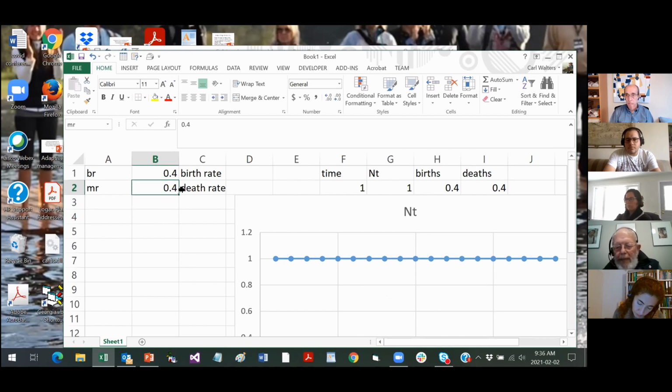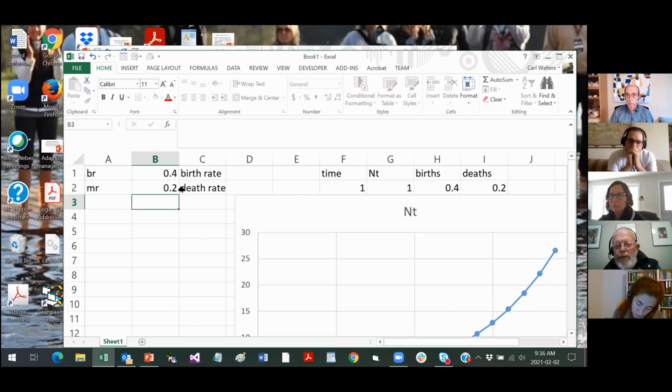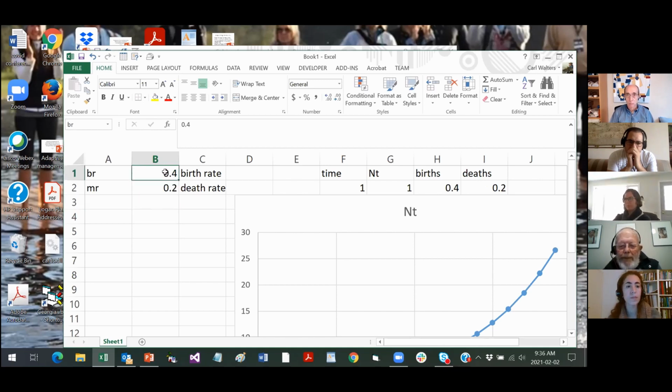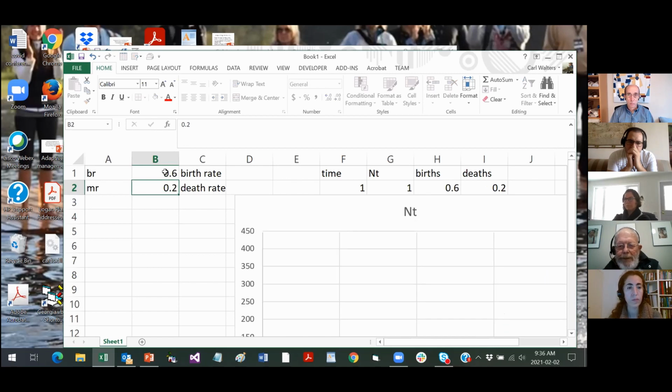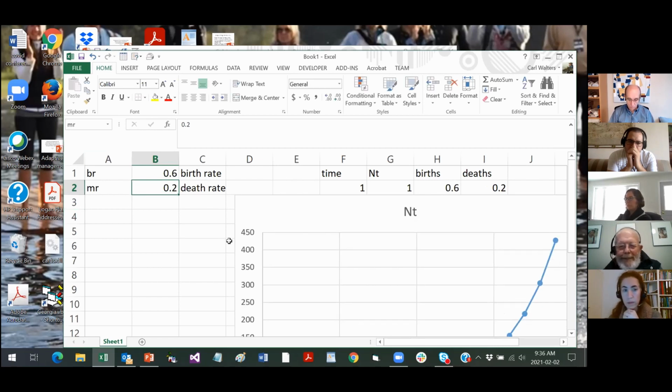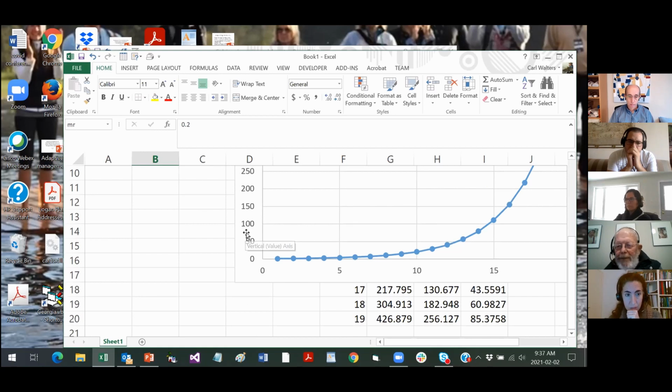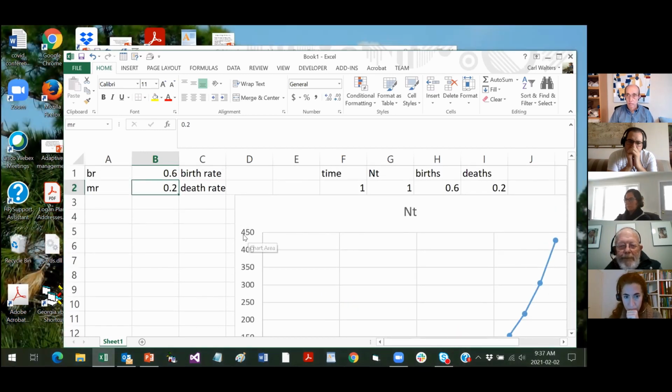Now let's go back to the exponential growth case, where this population is growing rapidly. And let's set the birth rate up a little bit higher, like 0.6, so this thing will really grow. So we've gone all the way up, it looks the same shape, but we've now gone all the way up to 450 animals over that 20-year time period.